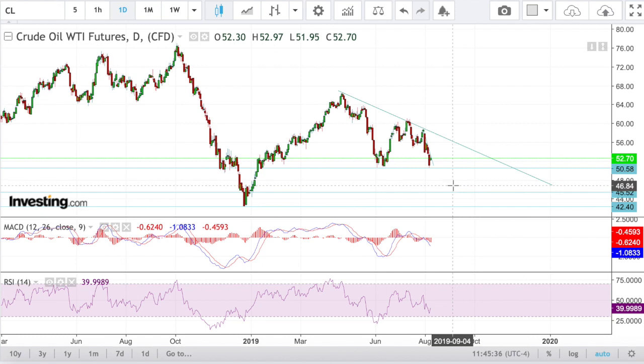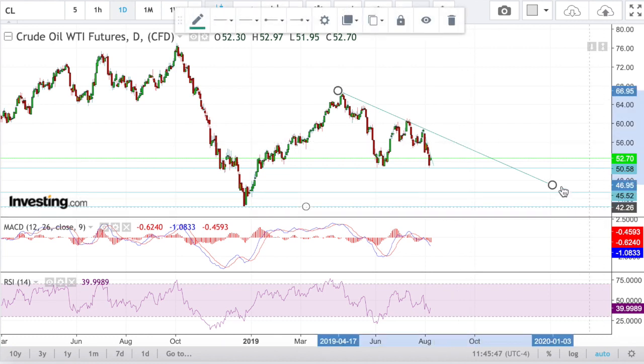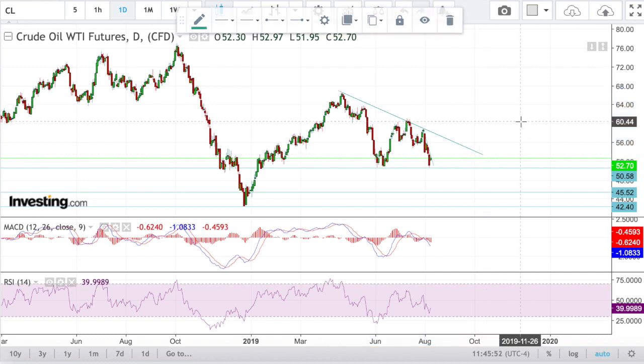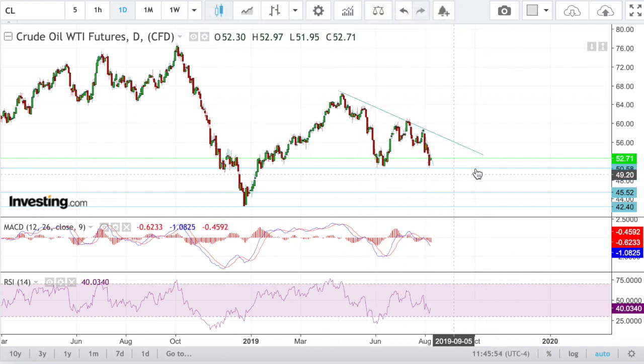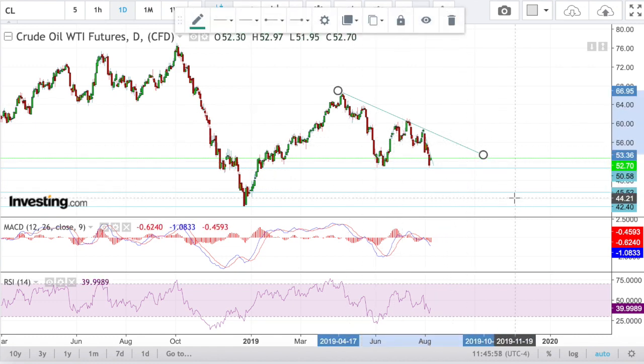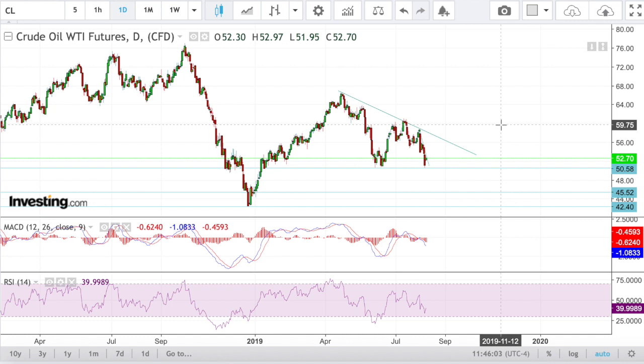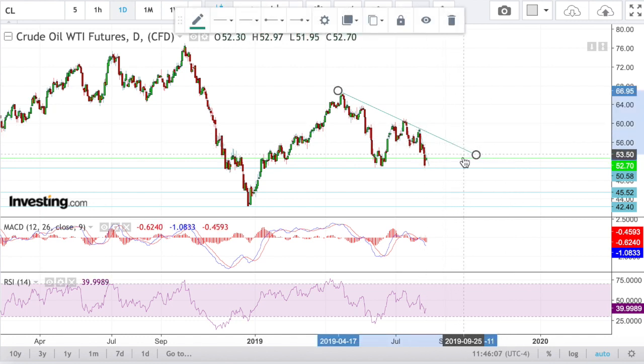So now that I got that out of the way, I can talk about the actual technicals and the levels to watch on crude oil. You can see I drew a downtrend line here. I made it a little bit too long, but this is basically the downtrend we have. This is the rate at which we are going down on crude oil. And until the stock market shows signs of recovery, I expect crude oil to remain under this downtrend line.